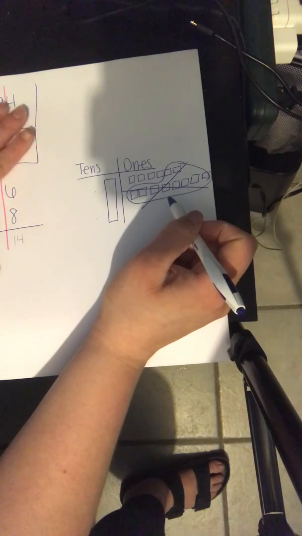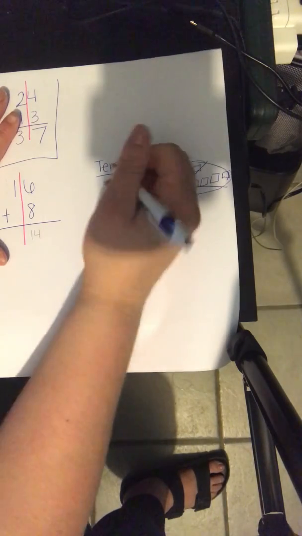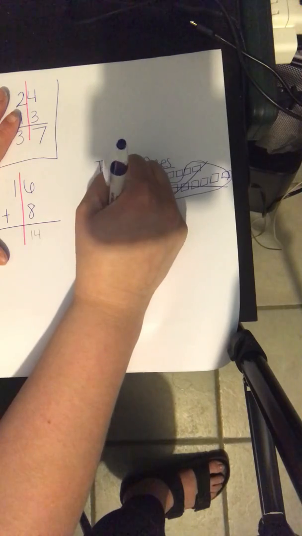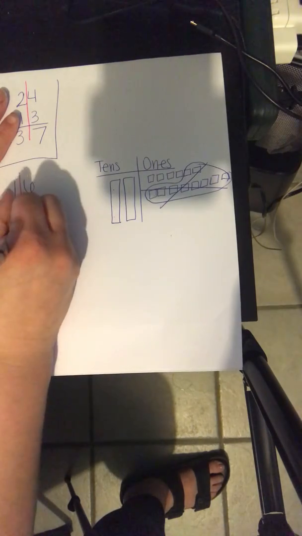Okay? But we can't forget, how many 10s did we already have? 1. So we already had one over there. So we have to make sure we have that. So now based on my picture, how many 10s do we have? 2.